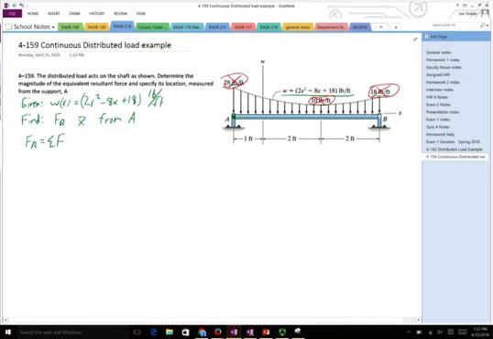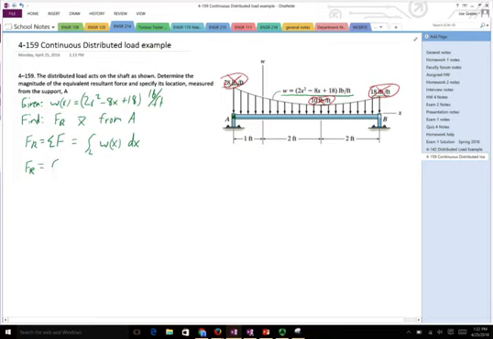In this case, we have a distributed load, and so that's going to be equal to the integral over the length of the loading function, which is in pounds per foot, times a little tiny piece of x, which would be in feet, so we'd end up with pounds. That's going to be our equation for the loading function. Let's go ahead and solve that first.